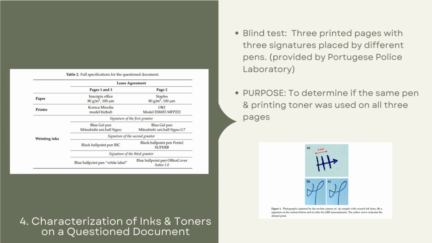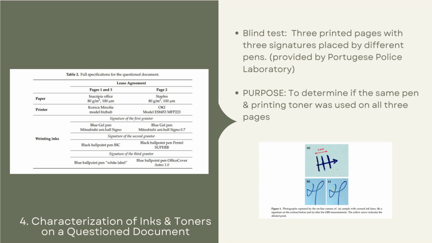The last set contained 3 printed pages with 3 signatures placed by different pens. The full specifications of this questioned document are given in Table 2. An example of the examined signature before and after the LIBS measurement is shown in Figure 1b.